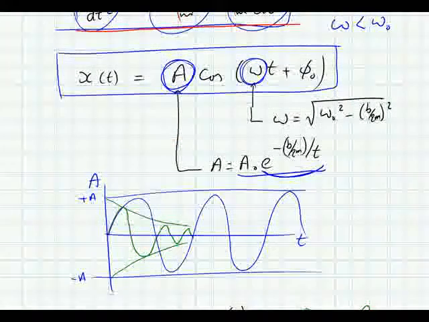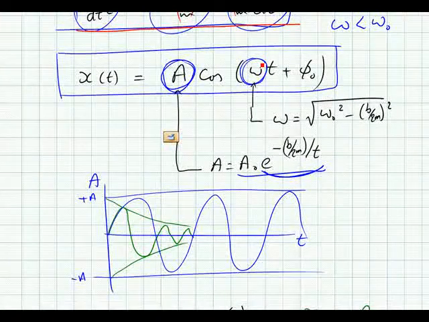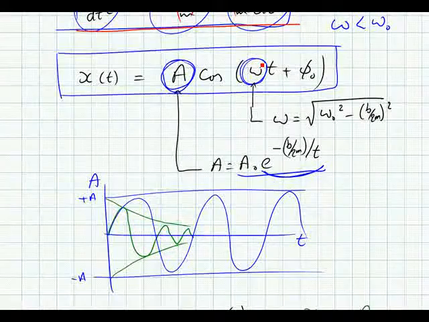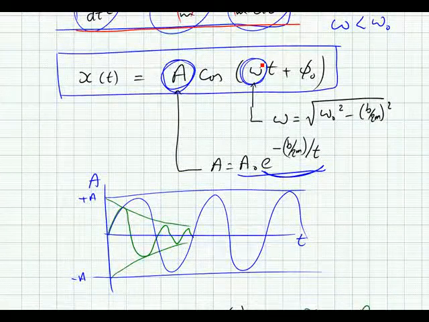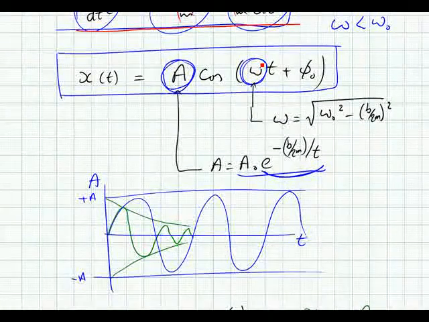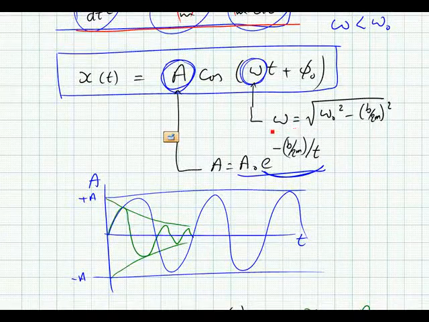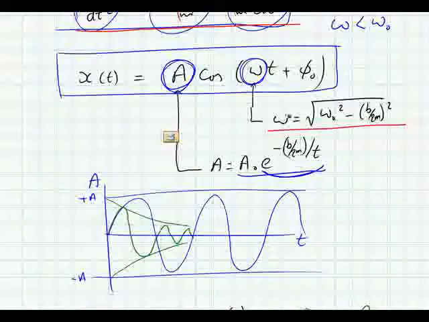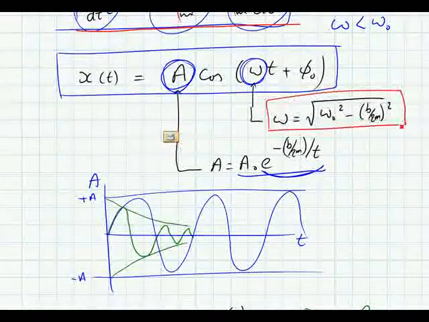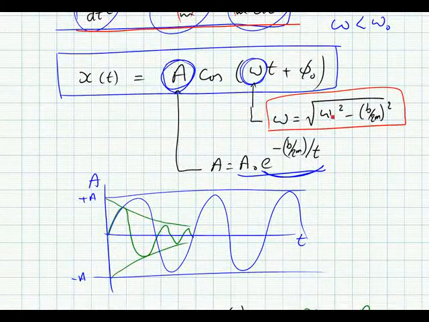Before I describe the graph I have here, I should say that ω is now the angular frequency of oscillation, which is actually constant. So slip of the tongue there. ω is constant. However, its value is smaller than what it would have been with no air resistance.